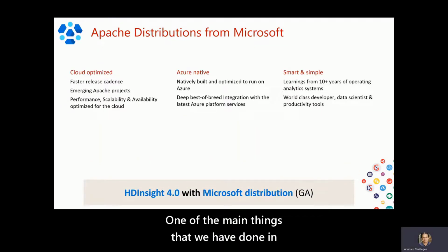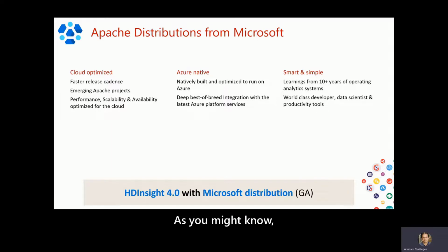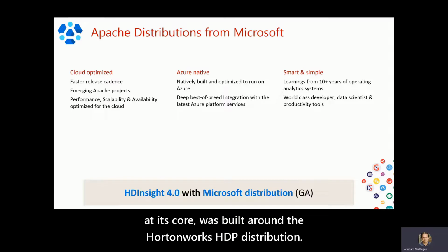So one of the main things that we have done in the last 6 months is that Microsoft has released our own distribution of all the Apache projects. Now, as you might know, those of you who are familiar with HDInsight, in the beginning and up till recently, HDInsight at its core was built around the Hortonworks HDP distribution.